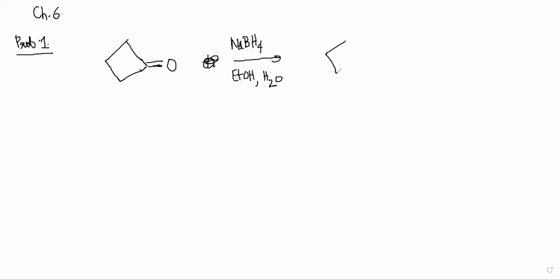He's saying there is a butanone, plus you are adding NaBH4 and then EtOH and H2O. And it gives us what? It gives us OH at the end instead of the butanone, you get butanol.